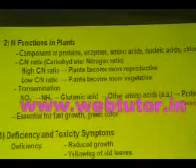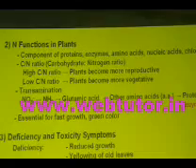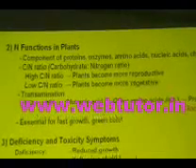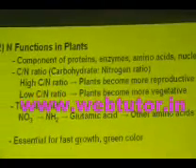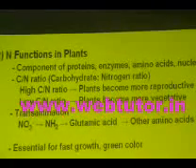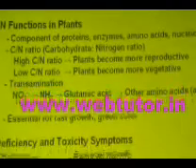Now the carbon-nitrogen ratio is not a fixed ratio. There is a range in which that ratio occurs, like a lower limit and a higher limit. It should not exceed beyond the upper limit, and should not go beyond the lower limit also. When the carbon-nitrogen ratio is on the higher side, towards the upper limit, plants become more reproductive.